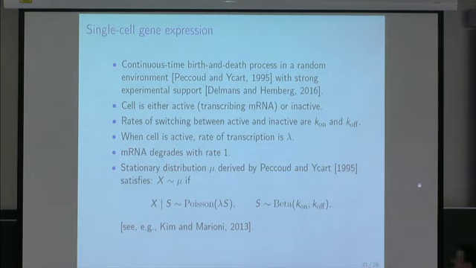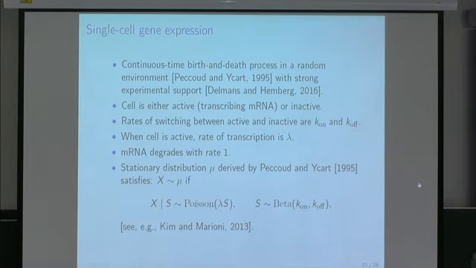Okay, so the first example is the one that Simone was telling me about. It's about single cell gene expression, where in the mid-90s, Peccoud and Ycart proposed a continuous time birth and death process in what they call a random environment, but it's just like a switching continuous time birth death process. This is a very nice model, and it has a lot of experimental support according to the biology literature.